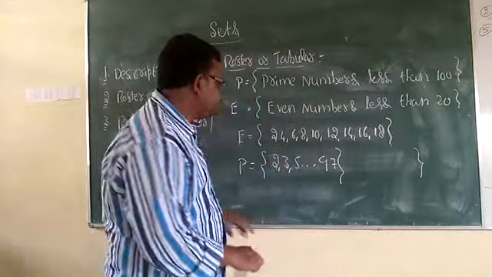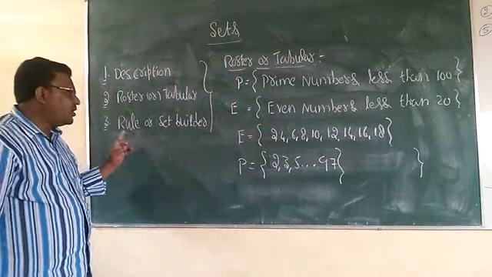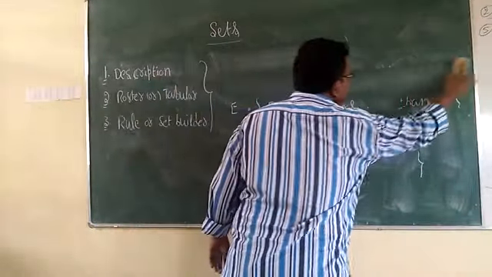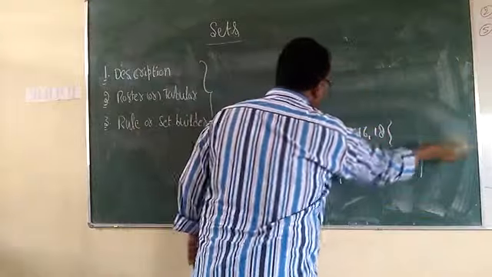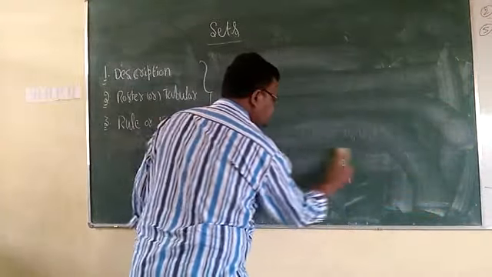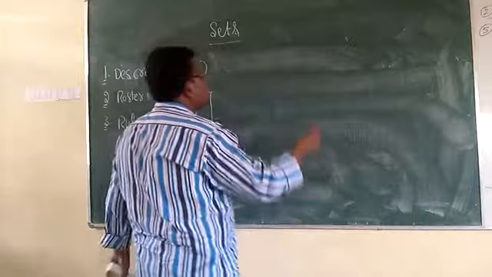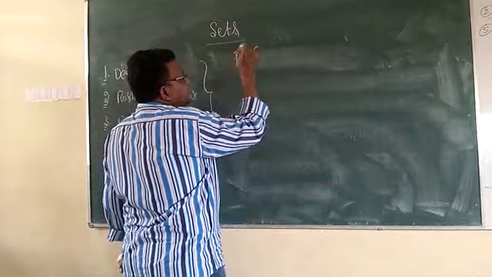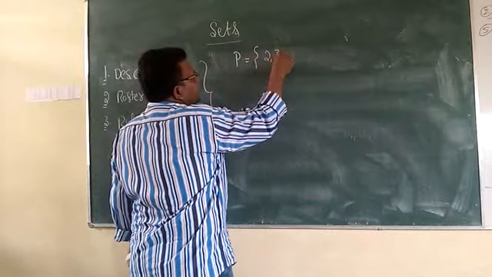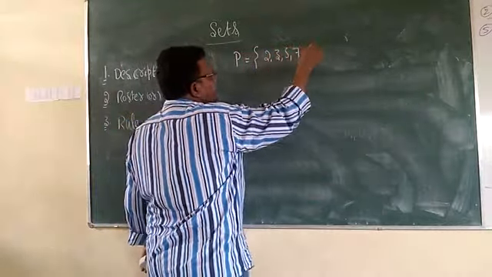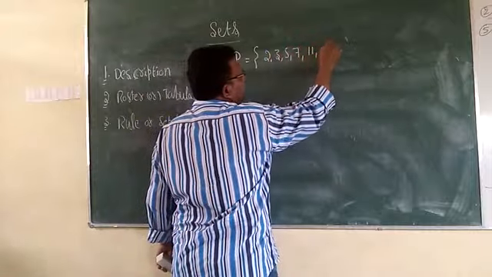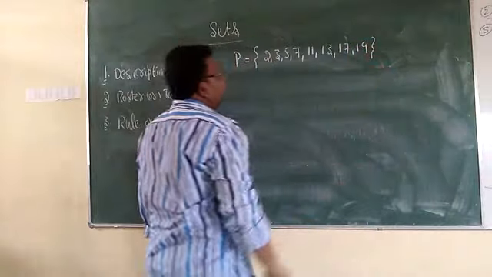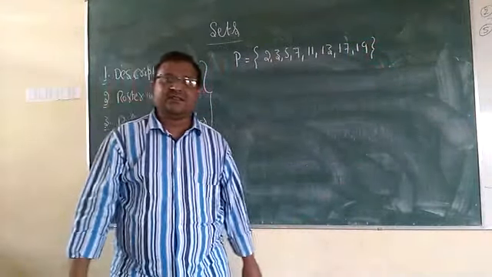And one more method: rule or set builder form. We'll see. So P is the prime number set, 2, 3, 5, 7, 11, 13, 17, 19. It is the set of prime numbers less than 20.